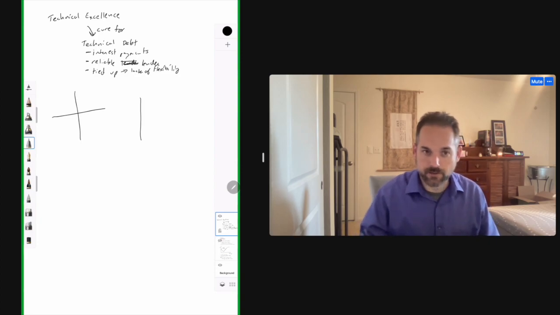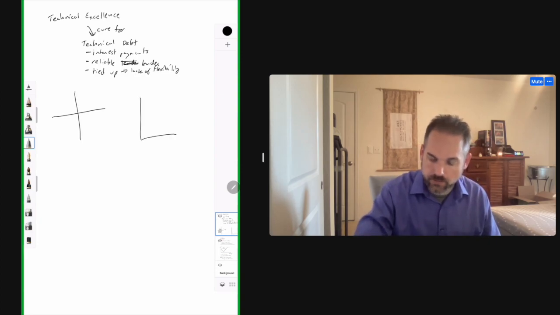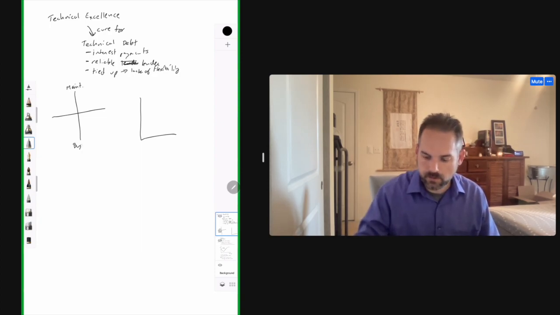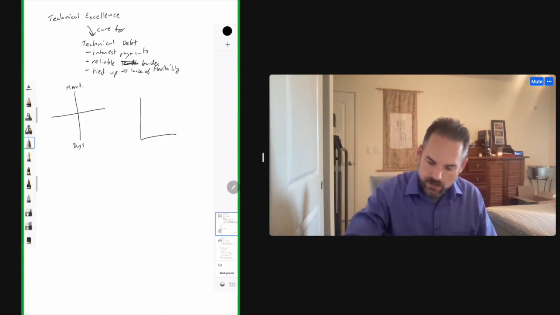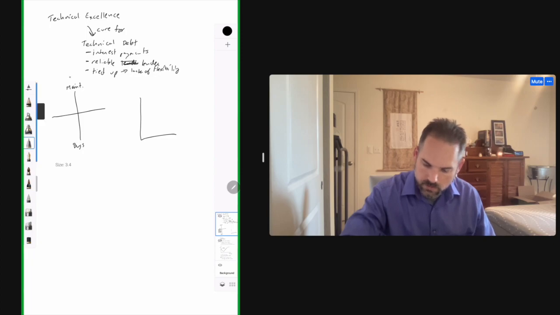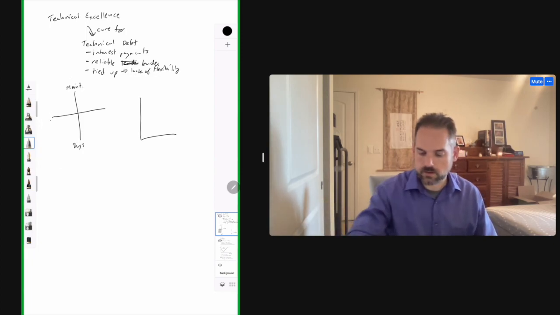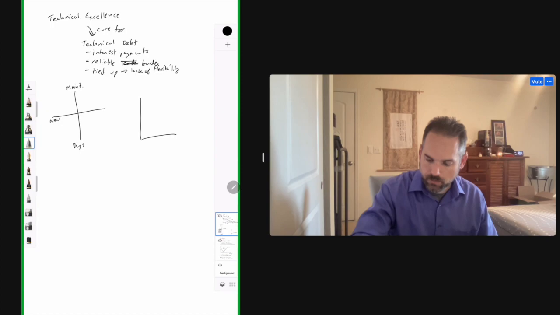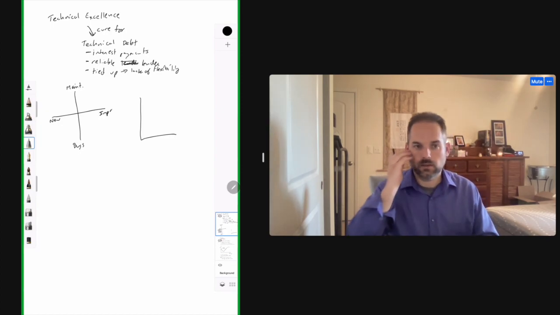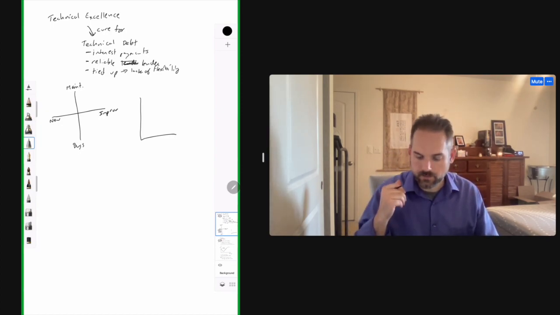The first graph is going to divide our work up into 4 parts. I'm going to have maintenance, we'll abbreviate that, and bugs on the y-axis. And I'm going to have new features and feature improvements on my x-axis.